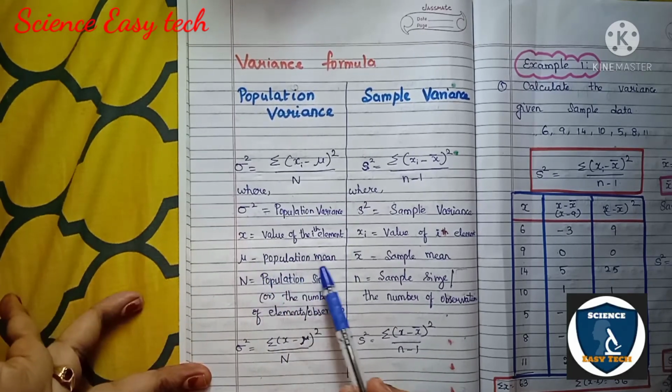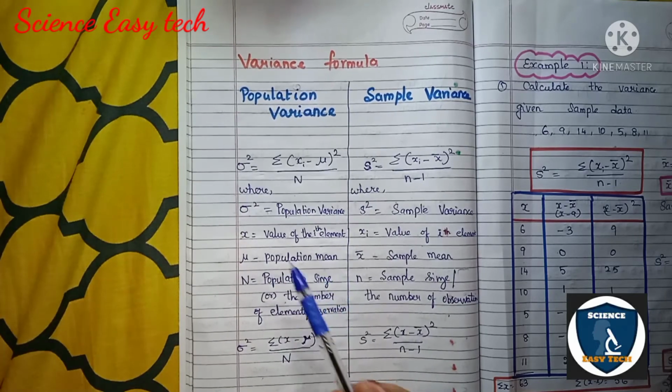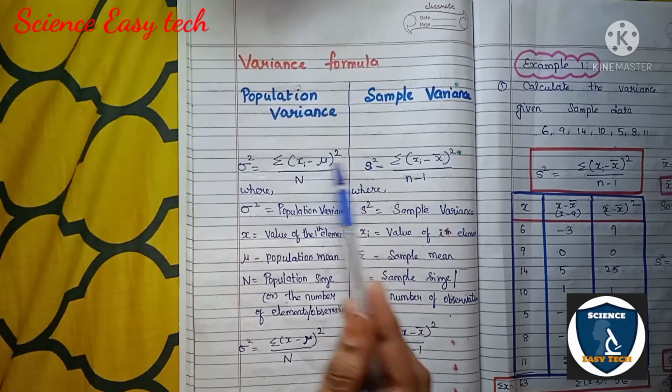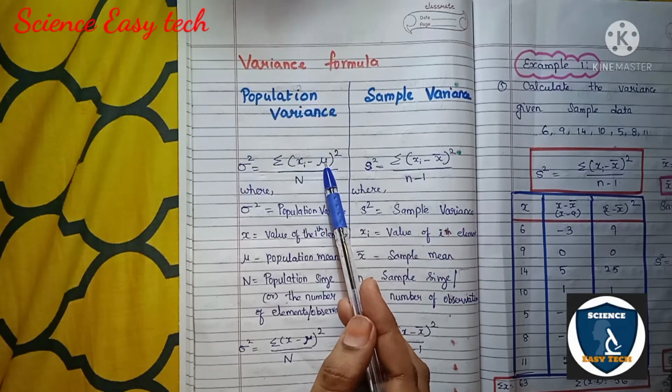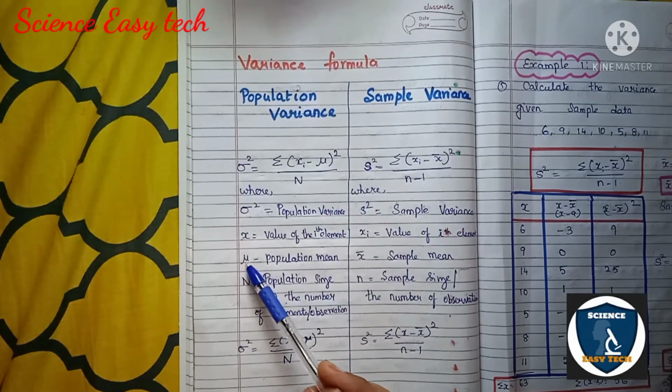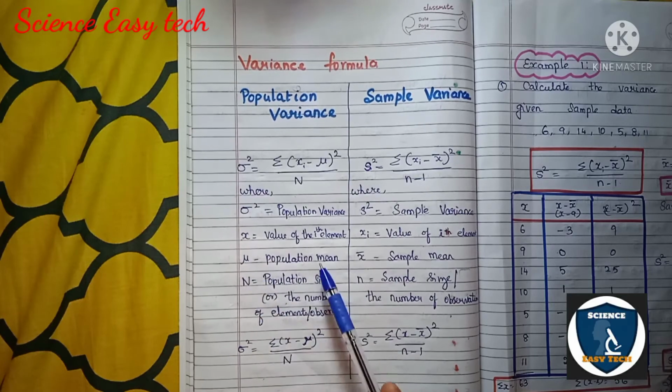Then mu is equal to population mean. Mu is nothing but the arithmetic mean, like x bar; if it comes to population, we call it the population arithmetic mean or population mean.